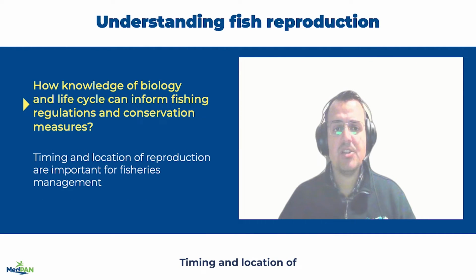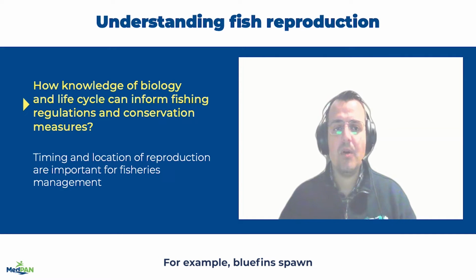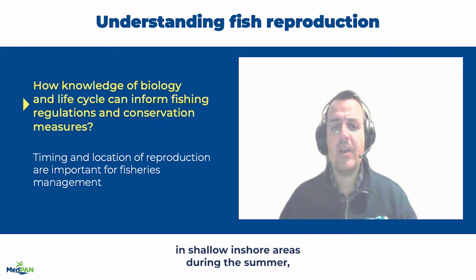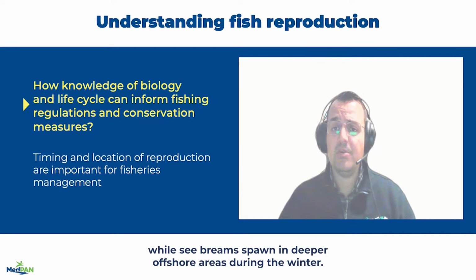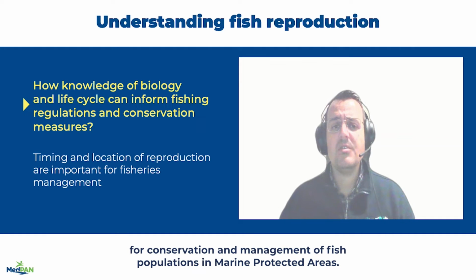Timing and location of reproduction also differ depending on the fish species. For example, bluefin spawn in shallow inshore areas during the summer, while sea breams spawn in deeper offshore areas during the winter. These diverse reproductive strategies have important implications for conservation and management of fish populations in marine protected areas.